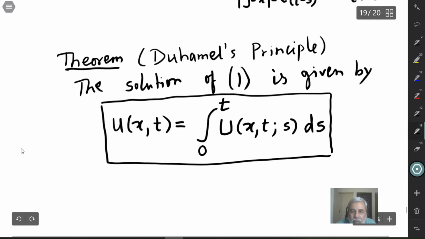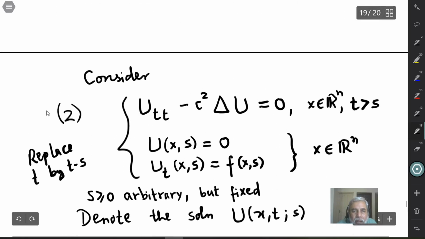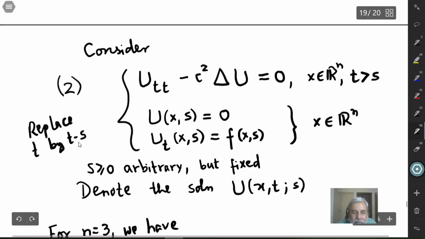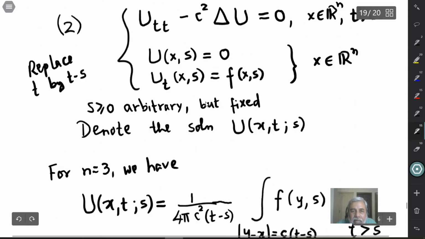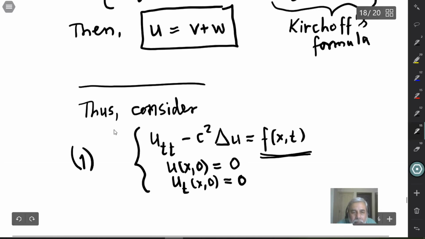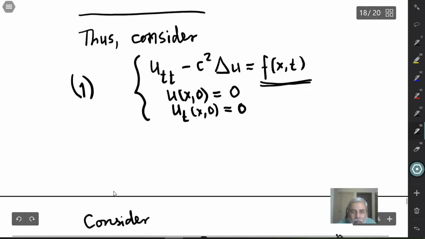In the case of the one-dimensional wave equation, we verified in detail that this is indeed a solution of problem 1. Similarly in this case also one has to do that. It's not immediately clear why this u given by this integral solves this inhomogeneous equation with zero initial conditions.